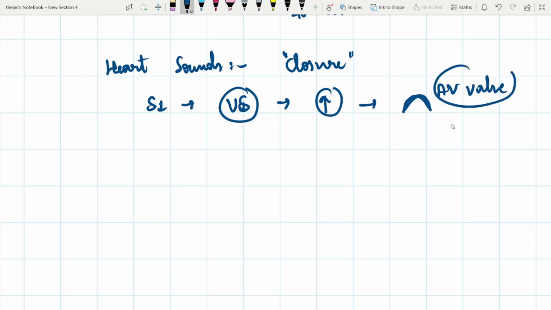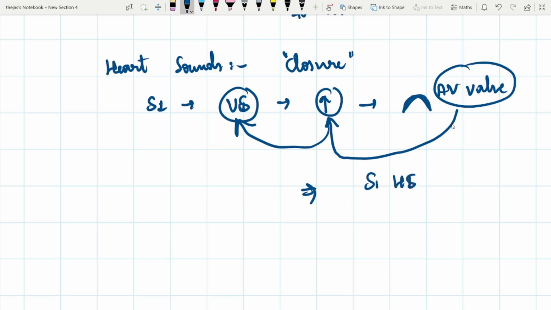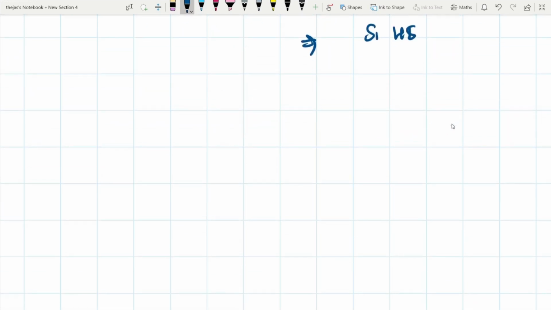This closure of the AV valve, due to the increase in pressure in the left ventricular cavity from left ventricular systole, leads to production of one sound called S1, the first heart sound. This first heart sound is a low pitch and long lasting sound. Okay, this is about the first heart sound.